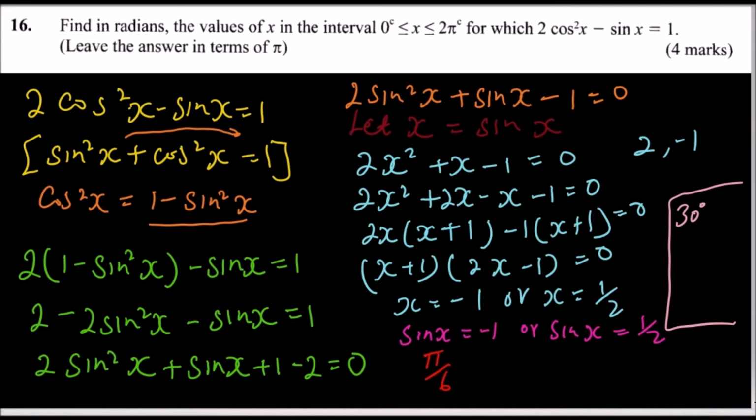The other angle whose sine is a half is 150 degrees. If you convert to radians, that is 150 over 360 times 2 pi. You get 5 pi over 6. Those are the angles that satisfy sine x is equals to a half.